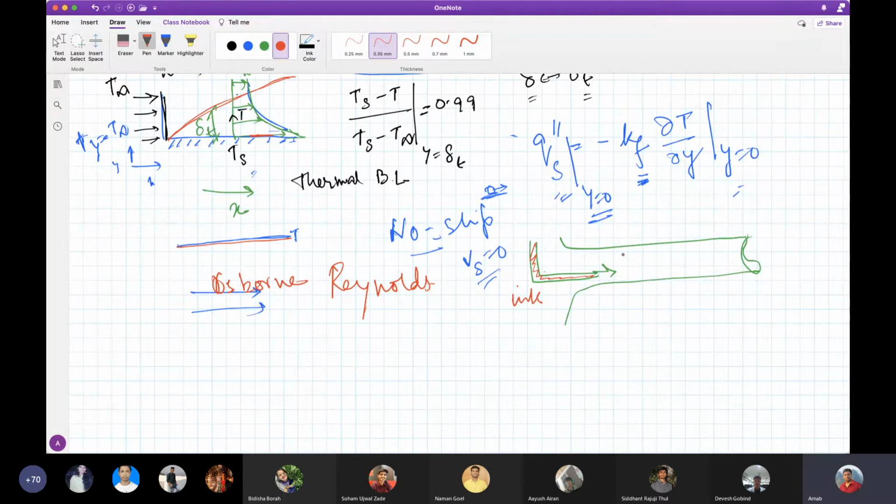Here he had a pool of stagnant liquid, or liquid that is flowing. So he injected ink in this pipe. Initially the flow in the pipe was steady and undisturbed flow of water.